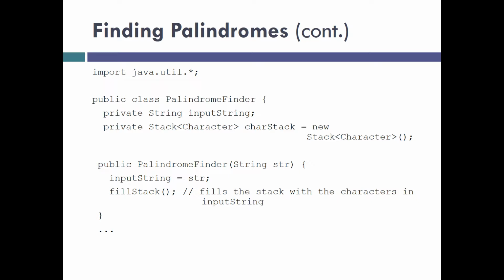So we throw America into the stack: A-M-E-R-I-C-A. The first thing we do is pop out A and check if it's the same as the first letter. It is, so we continue. Pop out C. C versus M. They don't match, so it's not spelled the same way in reverse as it is going forwards.